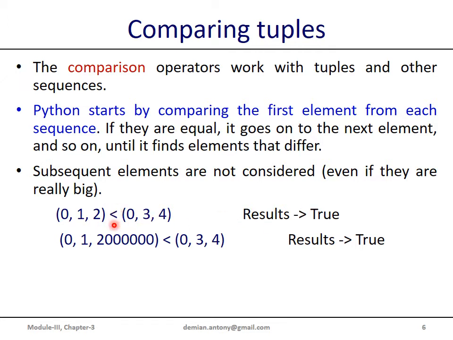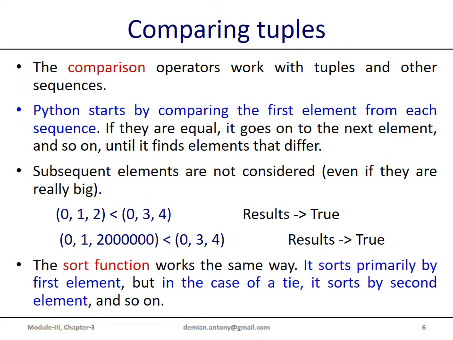That's why this holds good. It returns true, and the third element will not be compared at all. Let's take up this example. We have 0, 1 with a huge number here, and then 0, 3, 4. Again, this results in true because the first element is equal and the second element 1 is less than 3.